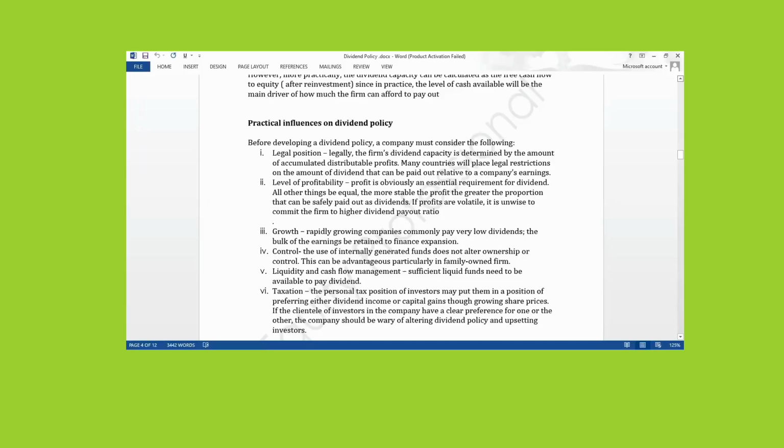Number 5, liquidity and cash flow management. When a company is sufficiently liquid, it can easily pay higher dividends.